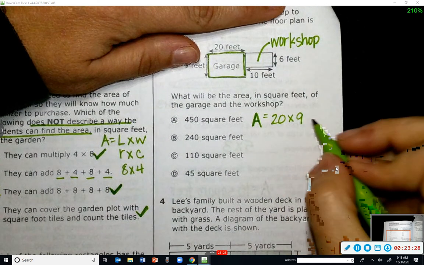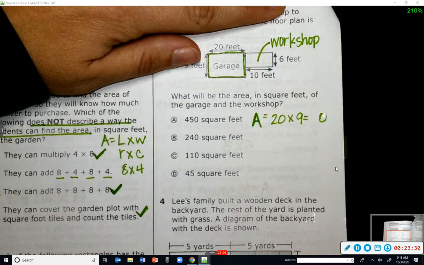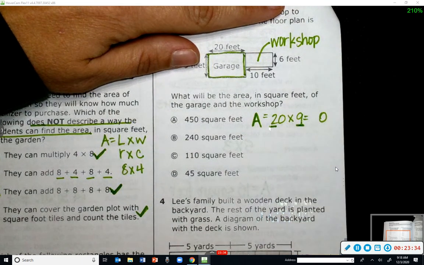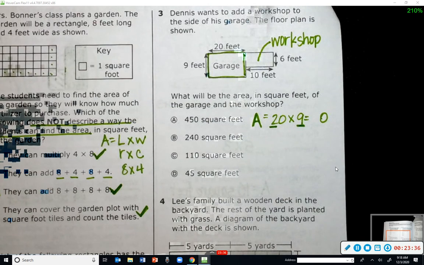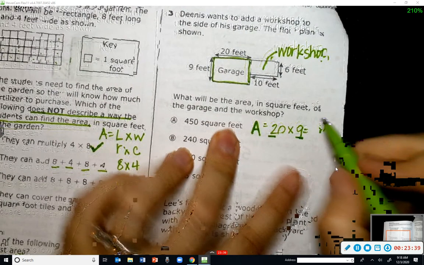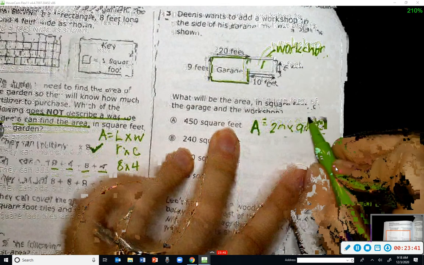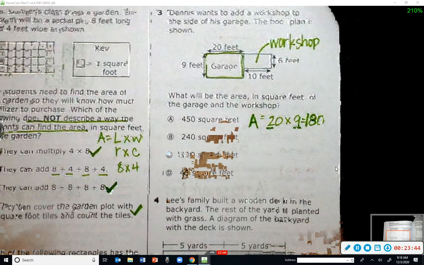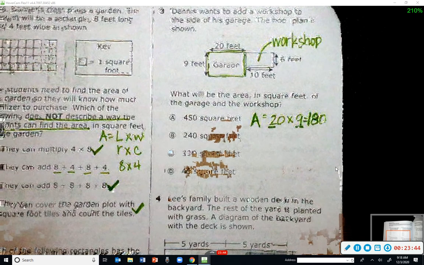I'm just going to go ahead and put the 0 down. And then we're going to multiply 2 times 9. What's 2 nines? 18. So now I'm just going to put 18 in front of that 0. 20 times 9 is 180. No, that's not our answer.